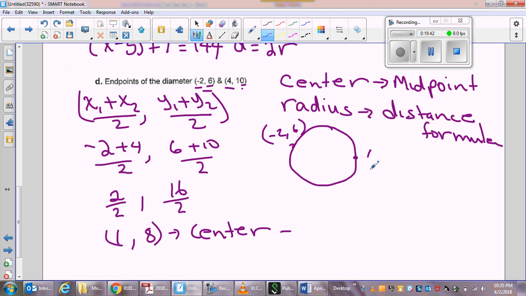This is (4, 10). I'm just drawing it randomly. And this is the diameter. Now I just found the center to be (1, 8). So I need to know the distance from here to here or from here to here. You can do the whole distance and cut it in half if that's what you want to do. But I just need to do the distance from here to here.